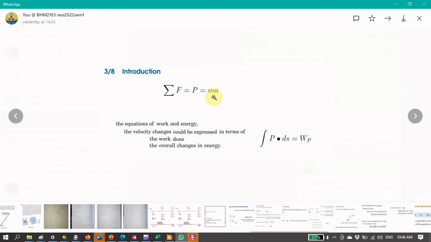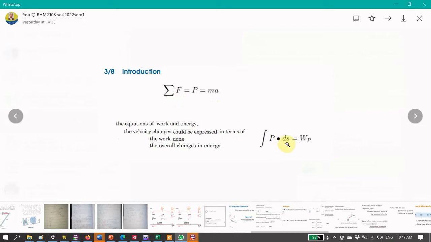So the net force actually is the summation of all forces acting on the body. So when we evaluate the forces, it is actually a function of distance.